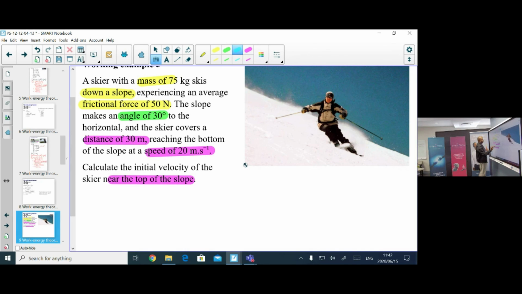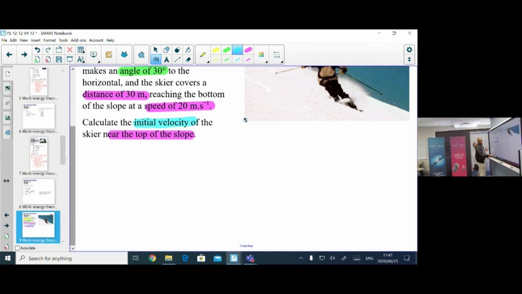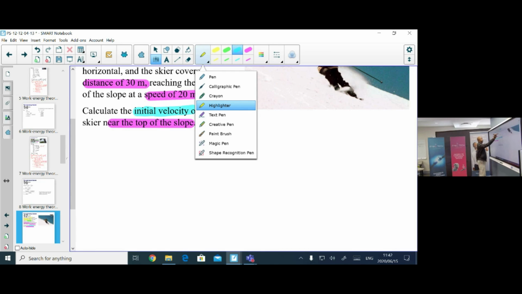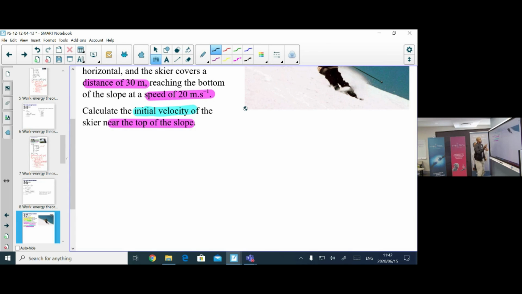All the time, I told you that you have to write down the given information as the data.